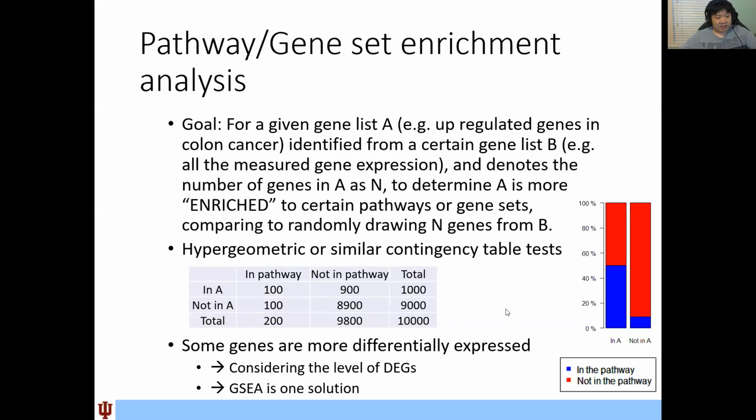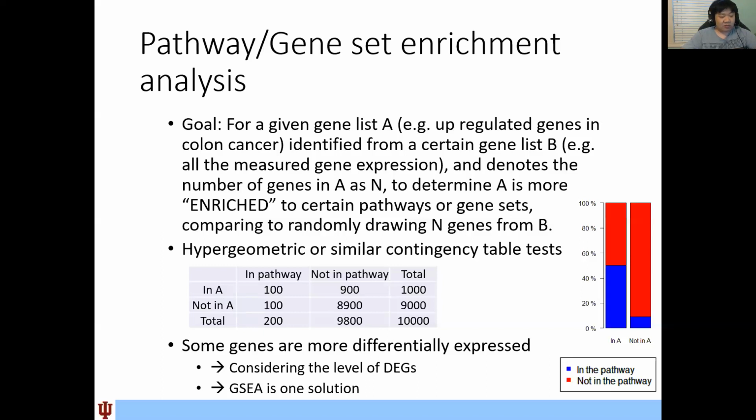But in some cases, we may consider that, if A is upregulated genes, there is no information on how the upregulation of each gene is used in computing this pathway enrichment or gene set enrichment. For example, in cancer data, a common observation is that the cell cycle genes are among the top overexpressed genes in cancer versus normal, and some metabolism or mitochondria genes may be slightly upregulated.